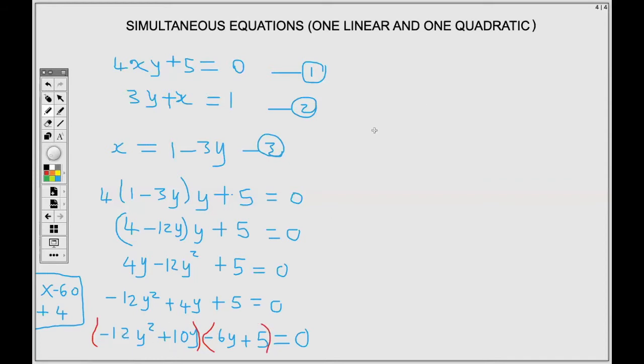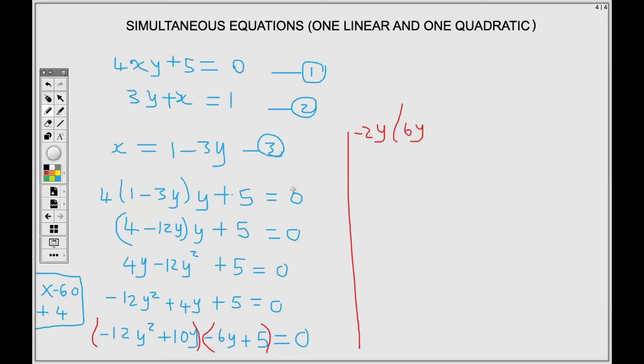So in the first bracket, we look at what we can factor out. We can factor out the negative sign. 12 and 10, what's the highest common factor here? It's 2. And for the variables y squared and y, we can factor out y. So what are we left with? Minus 12y squared divided by minus 2y, we're left with 6y.